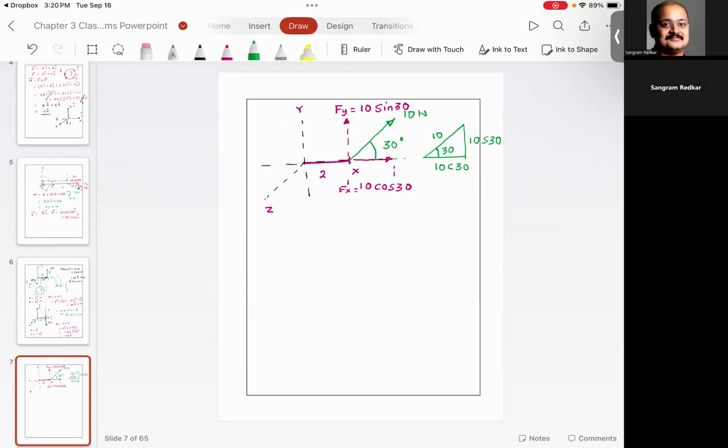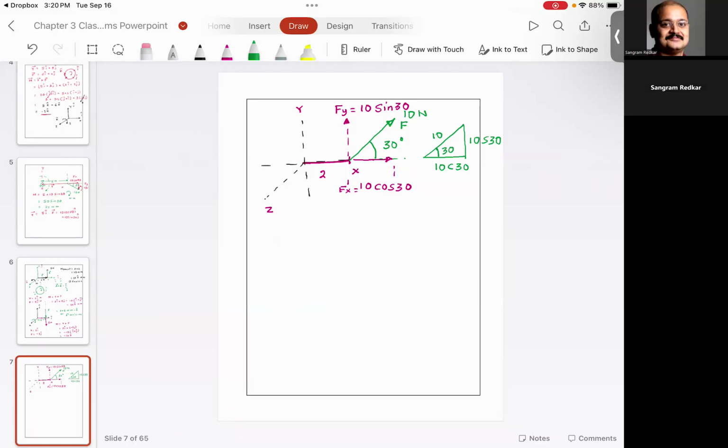You agree with me? Now, even though the resultant force F is not perpendicular to the radius, you have resolved the component of the force along the radius and perpendicular to the radius. Do you agree with me?